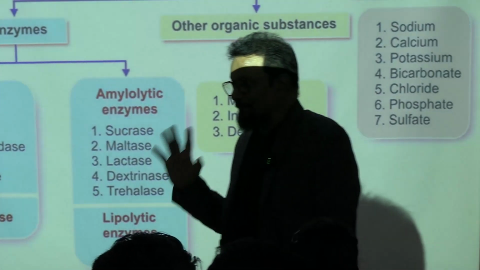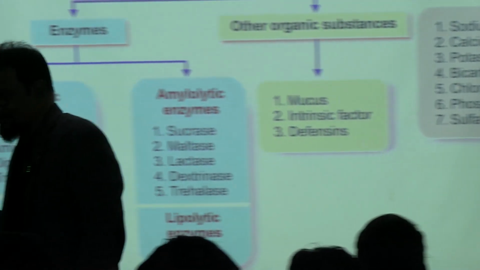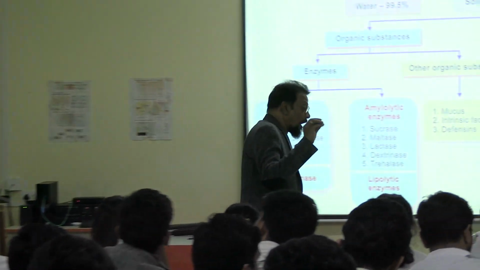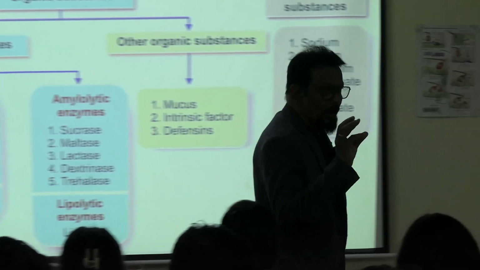So you came to know how proteins are digested, how carbohydrate is digested, how lipids are digested. But lipid digestion is not so simple because the oil droplets are big and they cannot bind with their enzymes. So what has to be done?